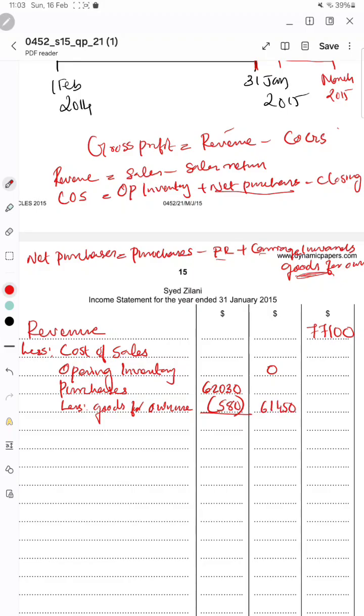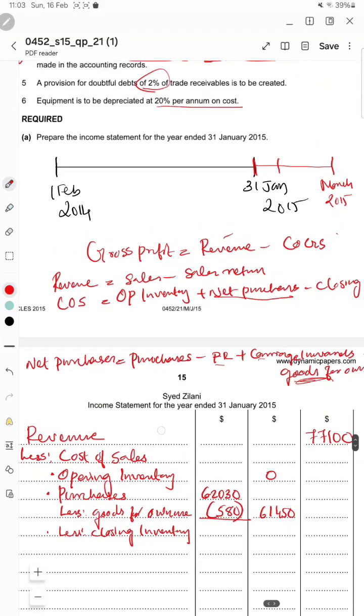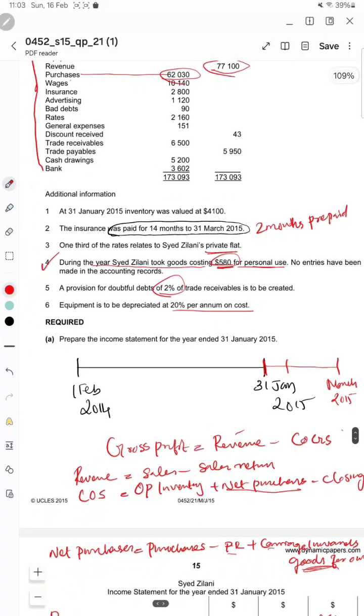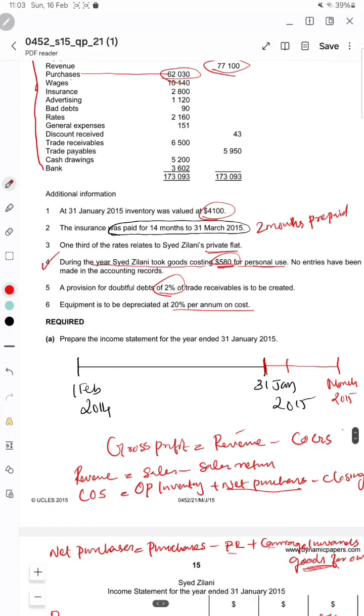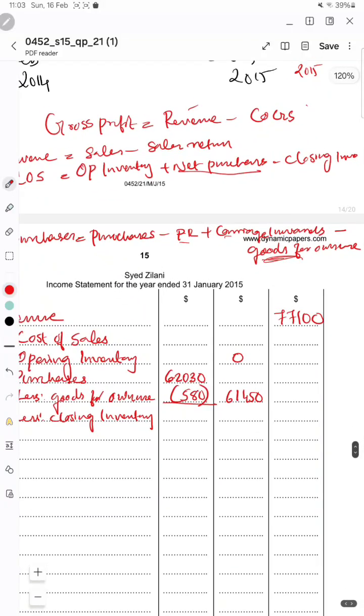Then opening inventory plus net purchases, this is net purchases. Now deduct closing inventory, less closing inventory. Closing inventory will be available in your additional information, 4,100. So deduct that 4,100.